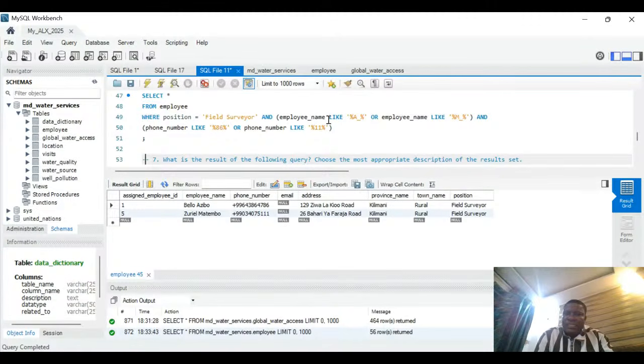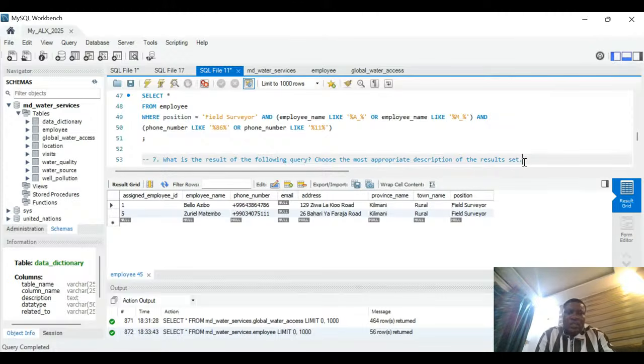The employee's last name must start with A or M. And then the phone number must contain 86 or 11. And we can see from the results that our query has given us that Bello Azibo and Zuriel Matembo are the suspicious field workers.